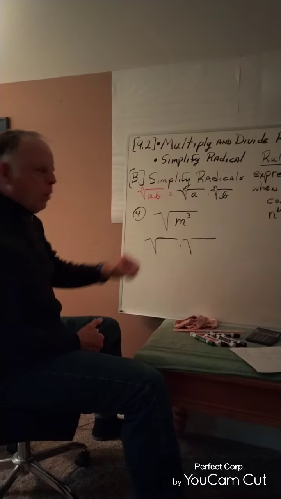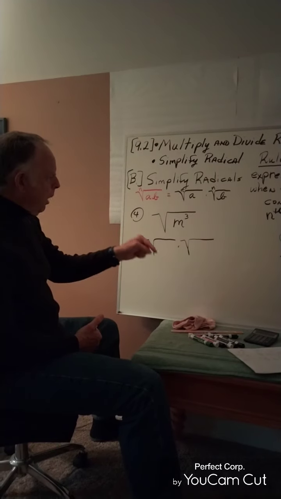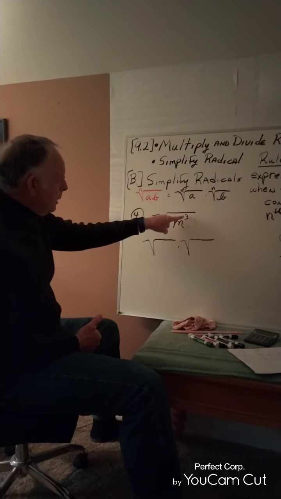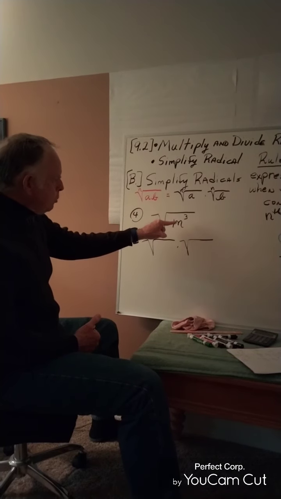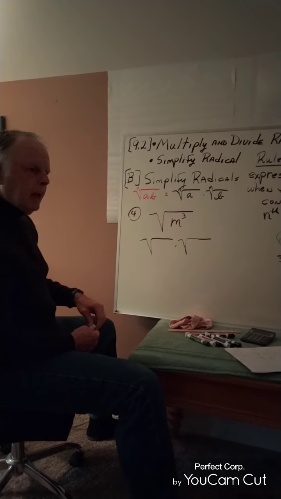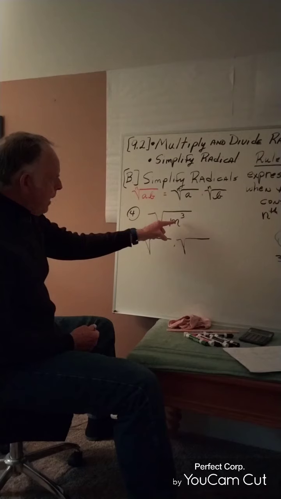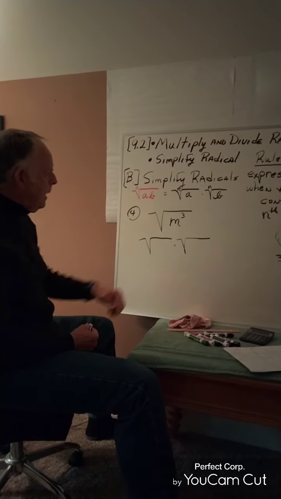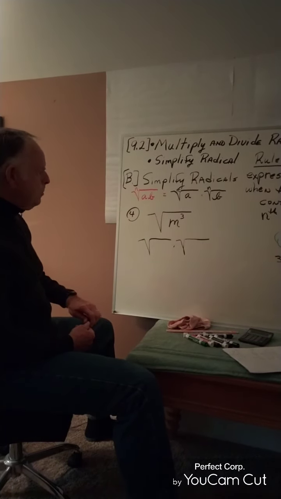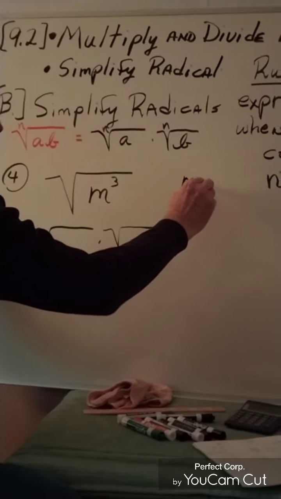Take 1 away from 3. You will always take 1 away from, in this case, the odd numbered exponent. If you take 1 away from 3, you'll have an m to the second. The largest perfect square factor that is within m to the third is m to the second. Because remember, m to the third is this.